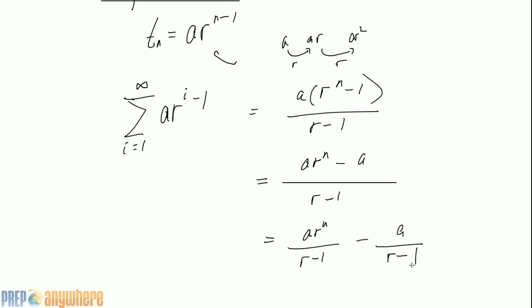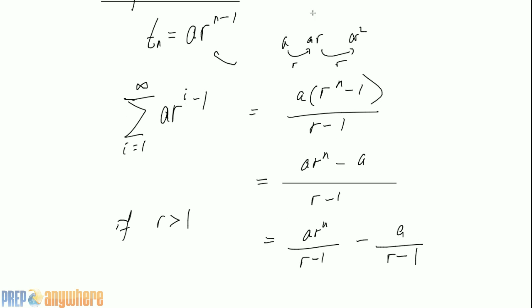Minus a over r minus 1. Now, if r is a number bigger than 1, not even big, just bigger than 1, then every consecutive term gets bigger. So the more you add up, you can't help but for the series to grow. So if this is true, the sum is going to become infinity.